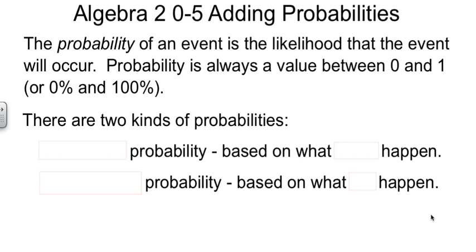There are two different kinds of probabilities. The first kind is called theoretical probability, and it's a measure of what could happen, what the possibilities are if you were to conduct whatever your probability is about.